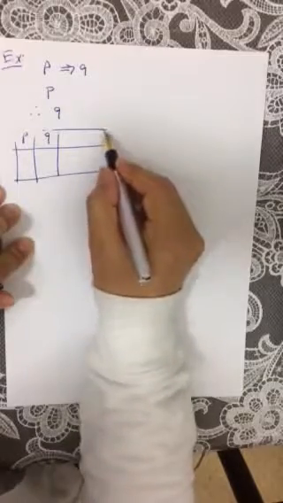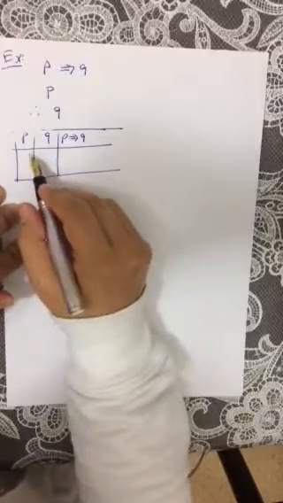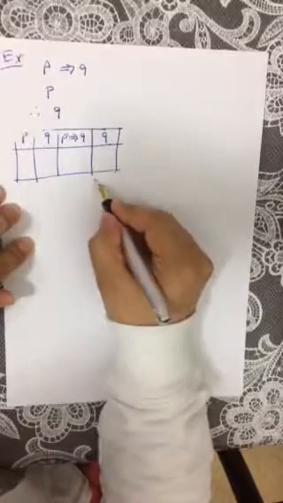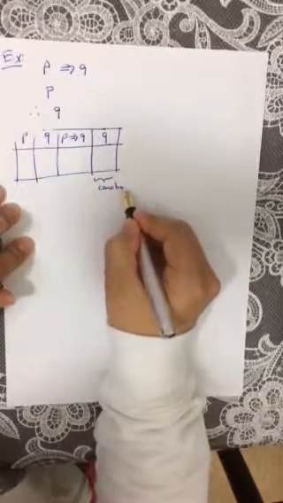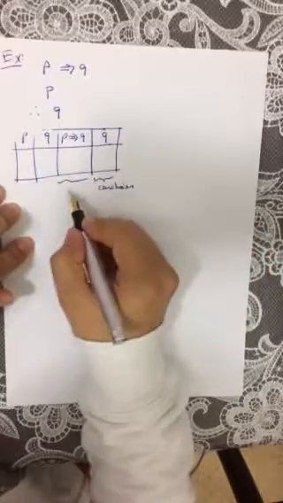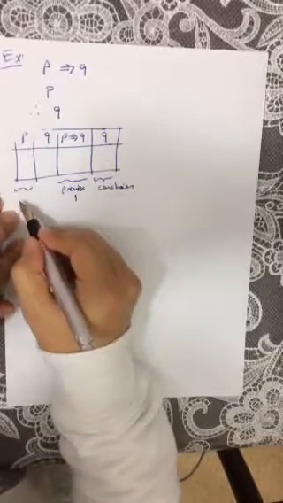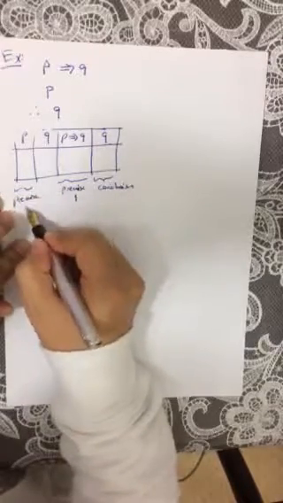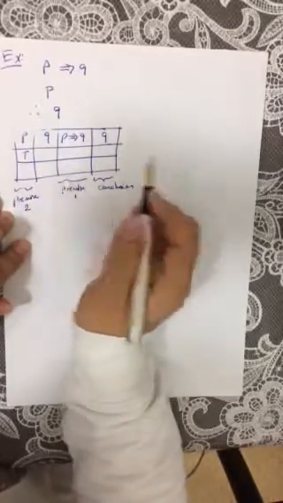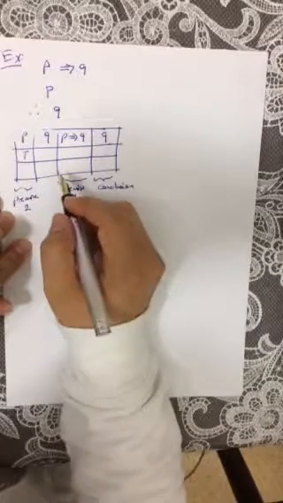So this is P implies Q, and we already have the conclusion Q. This is premise 1, and this is premise 2.